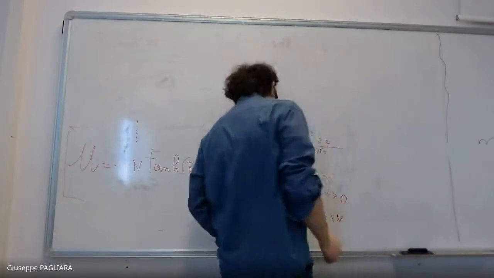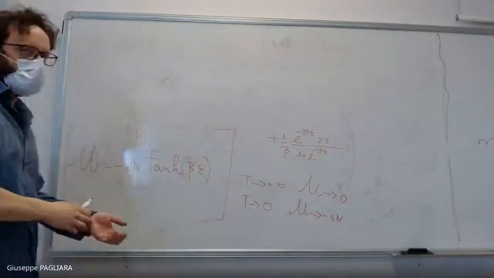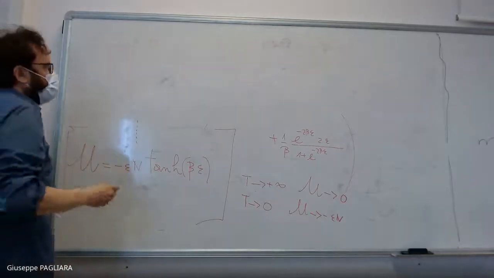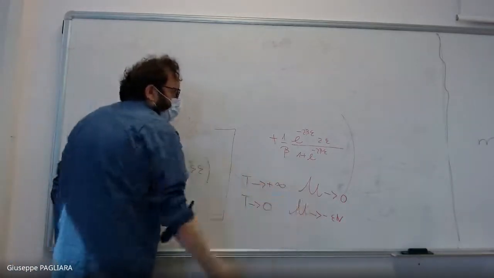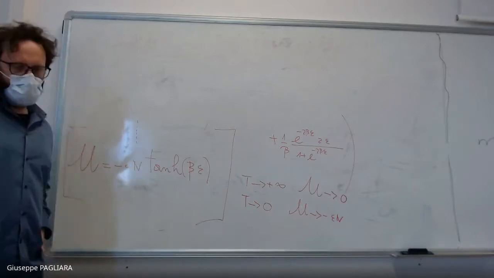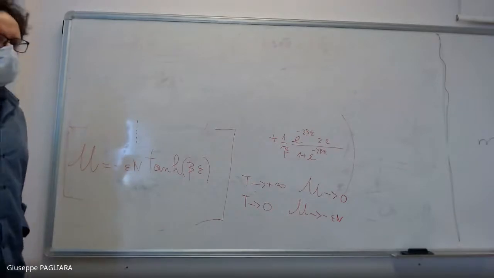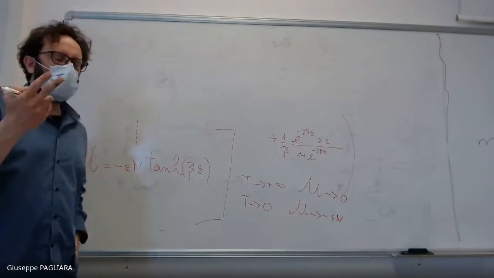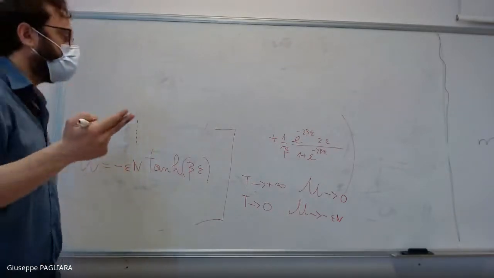Now, you see that if I increase the temperature, if the temperature is very large, U is equal to 0. What does it mean that U is equal to 0? There's no external field, because this is the case that we are considering, and the energy was provided by the coupling among the pairs of spins.